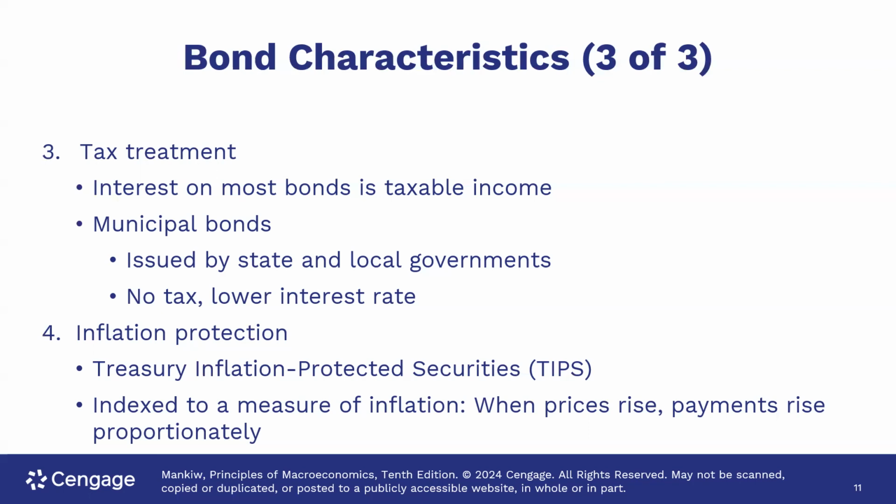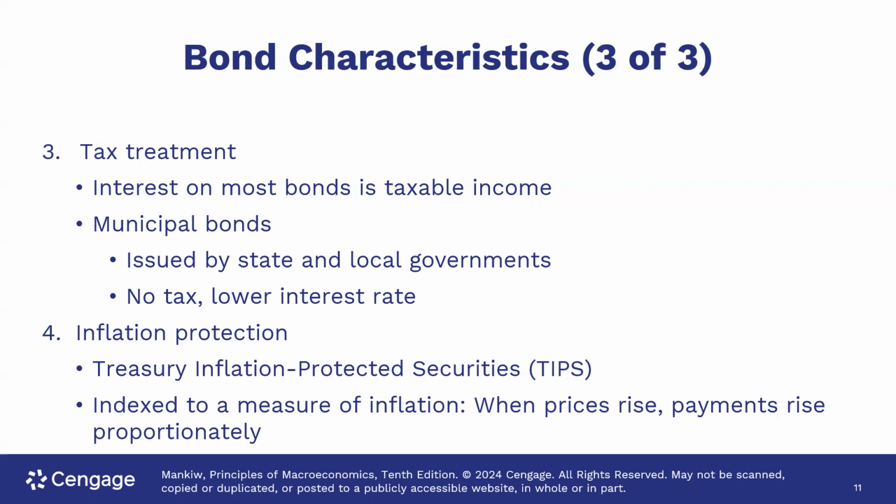The bond has several key characteristics. The first one is the term. Based on the term, we have short term, medium term, and long term bonds. Then we have credit risk, which is about the possibility of default.